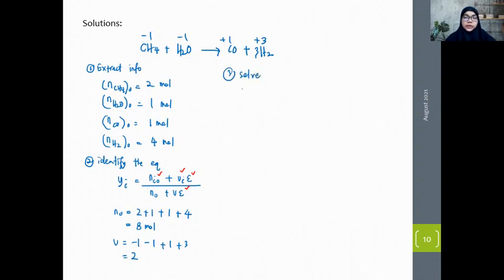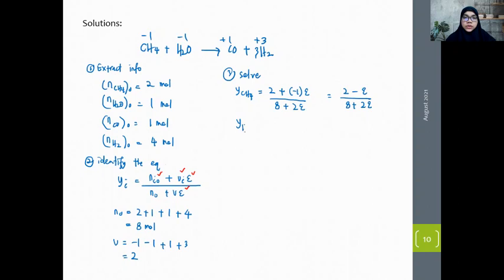How can we solve? We use this expression. For methane, N_i is 2, plus, since this is minus 1, times the reaction coordinate, over 8 plus the total of 2 times the reaction coordinate. So y_CH4 equals 2 minus the reaction coordinate over 8 plus 2 times the reaction coordinate.